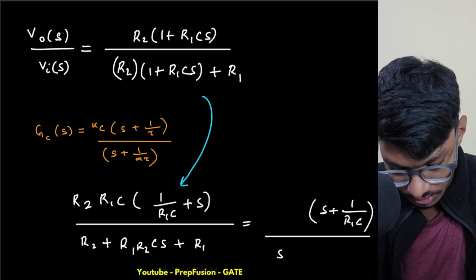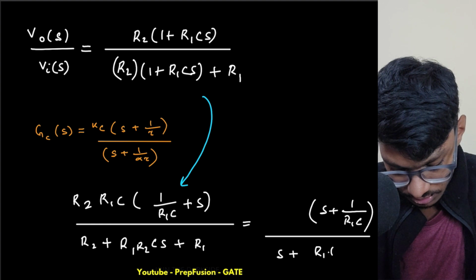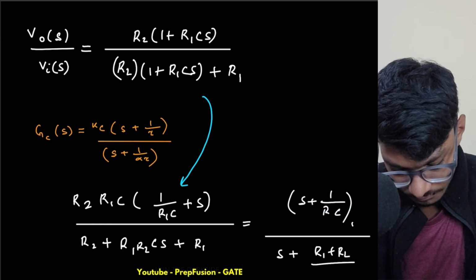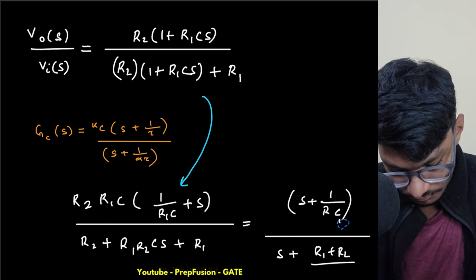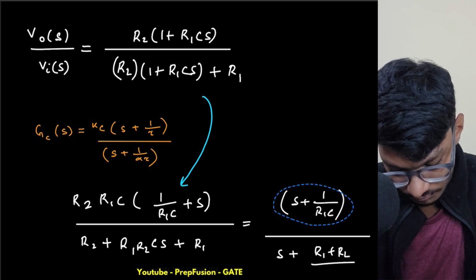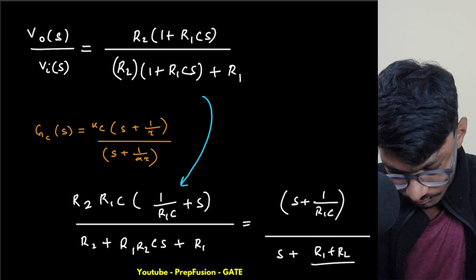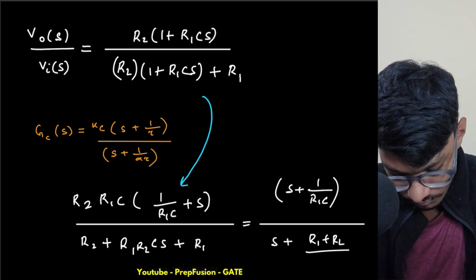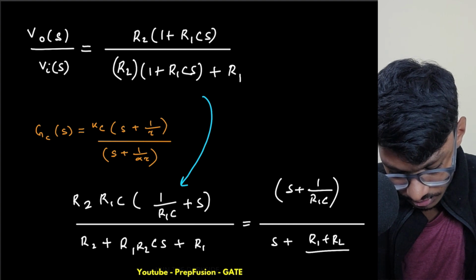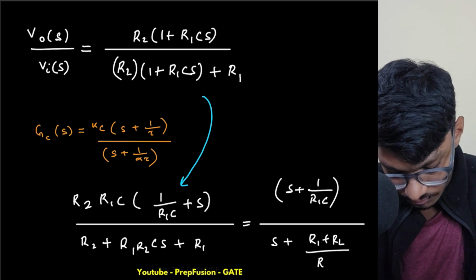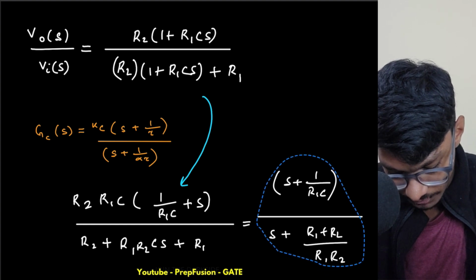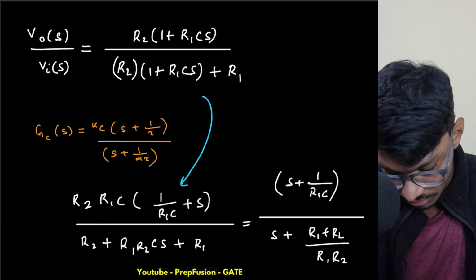So this will be s plus (R1 plus R2) divided by C R1 R2. Okay, so yeah, C R1 R2.